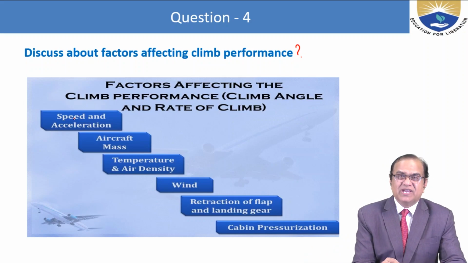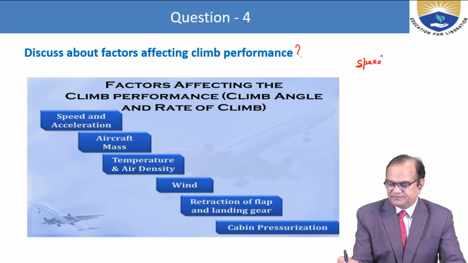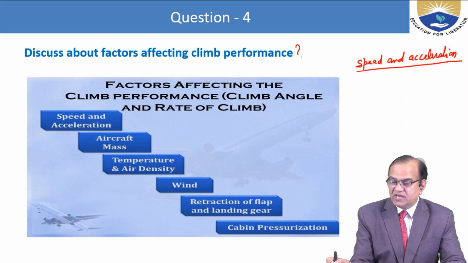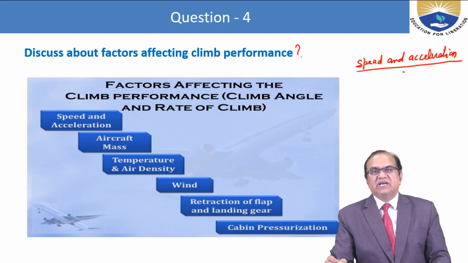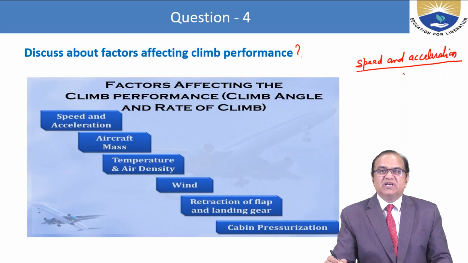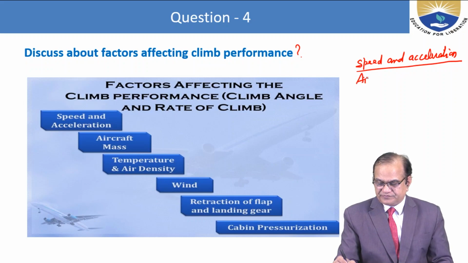In this we can see first the speed and the acceleration. As much as you have high speed, as much you have high acceleration, your climb rate and climb angle will be high.